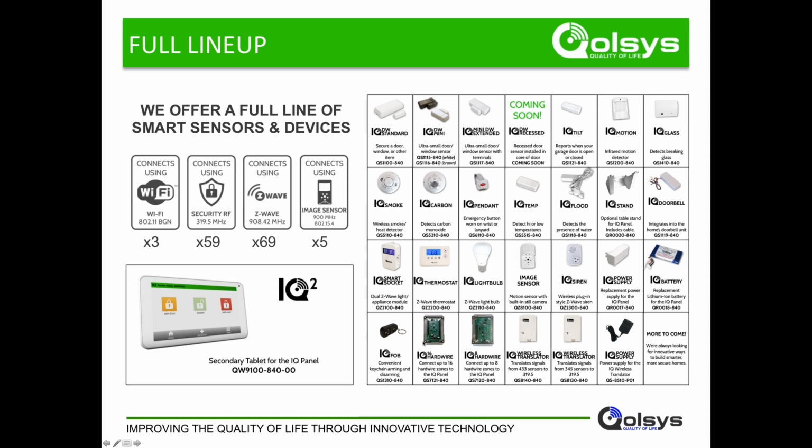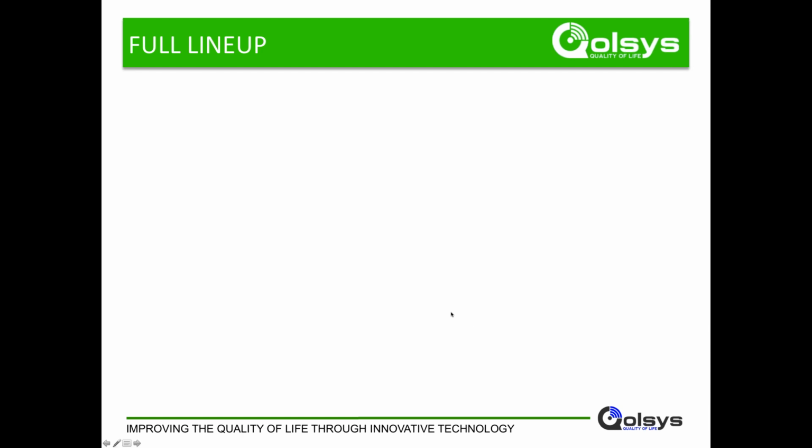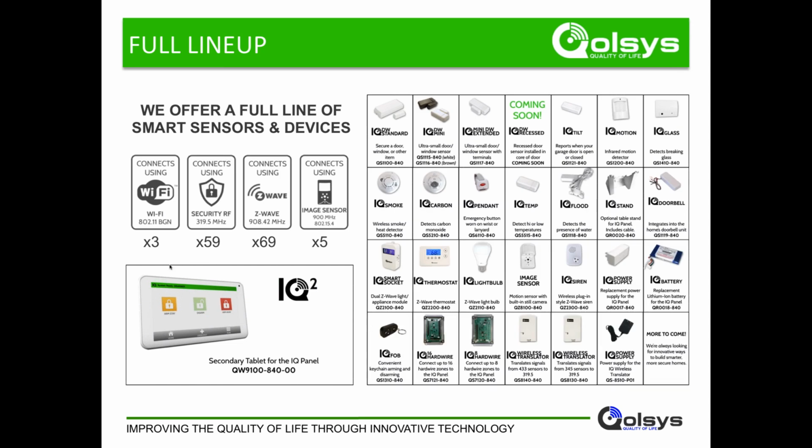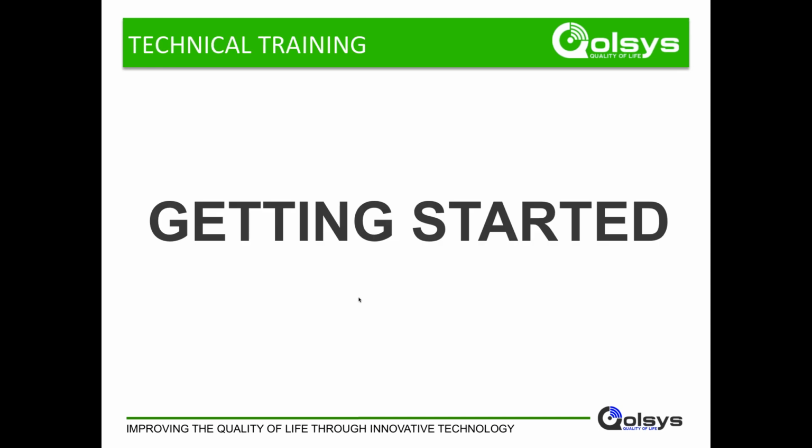We make a lot of different translator devices, hardwire translators, so you can use existing wires in the walls, wireless translators, so that you can use existing wireless sensors in the home, be it from another manufacturer, all kinds of stuff, as well as the secondary tablets, etc. So you can see it's a robust ecosystem that we support and enable through the IQ panel. All right, so hopefully that gives you a good overview of the platform.